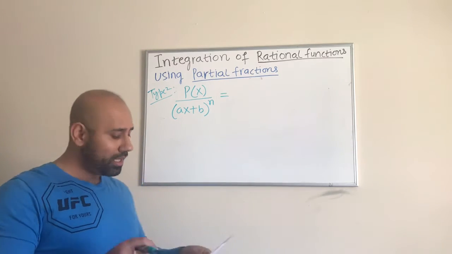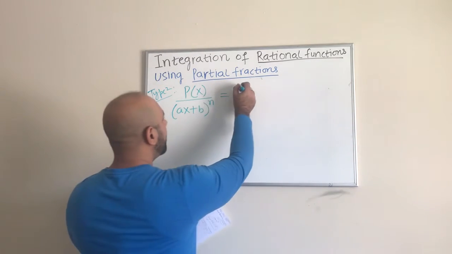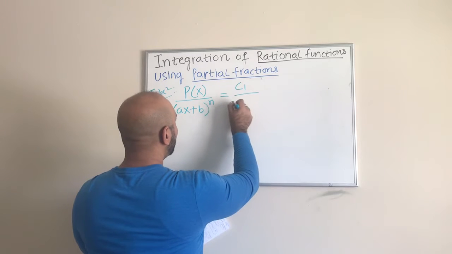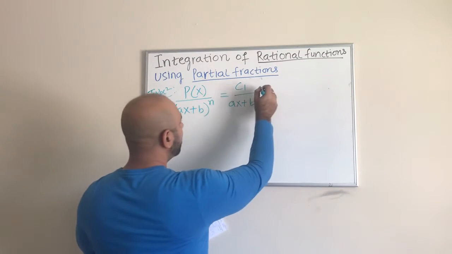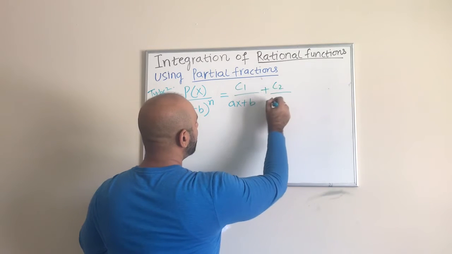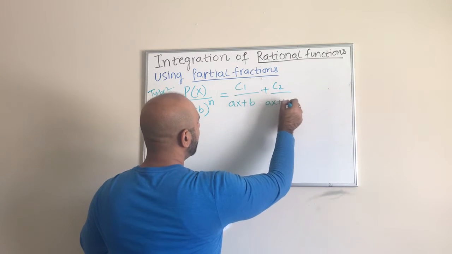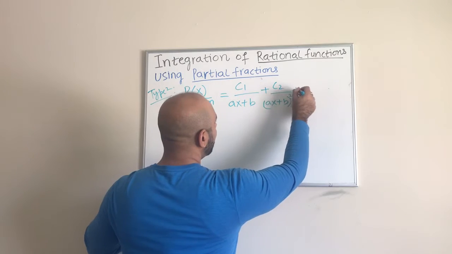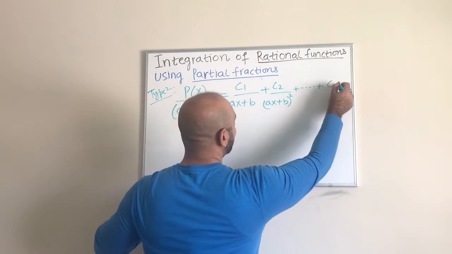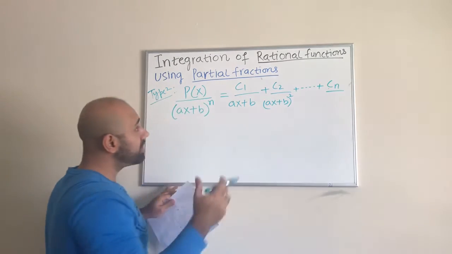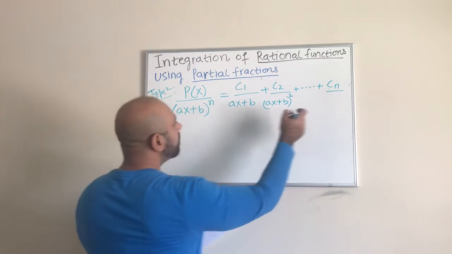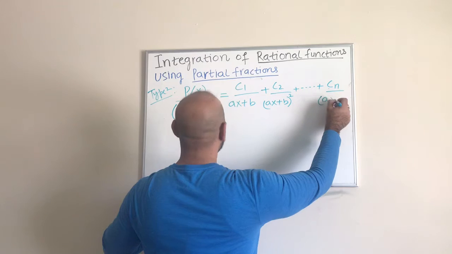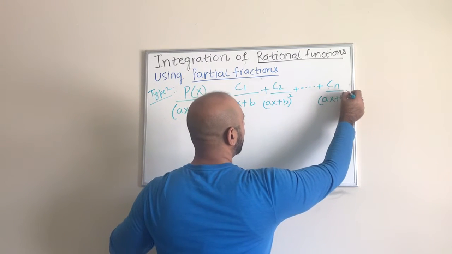Okay, so it is going to be equal to any constant c1 divided by one of the factors, ax + b. So we start with the linear factor and then it goes to c2 divided by (ax + b) squared, and then it keeps on increasing till the last term, which is going to be the last rational term, which is going to be cn, because there's n terms, and the last one in the denominator is going to be (ax + b) raised to the power n.